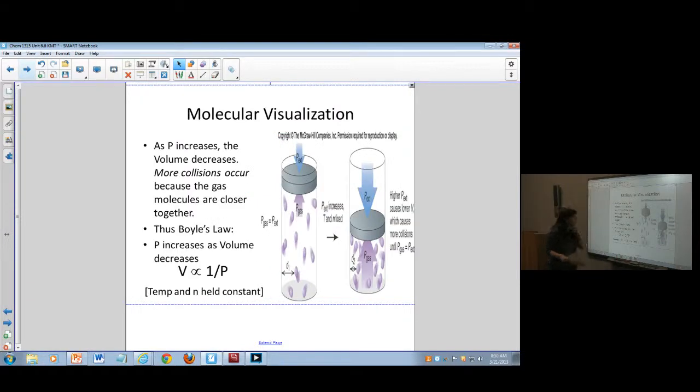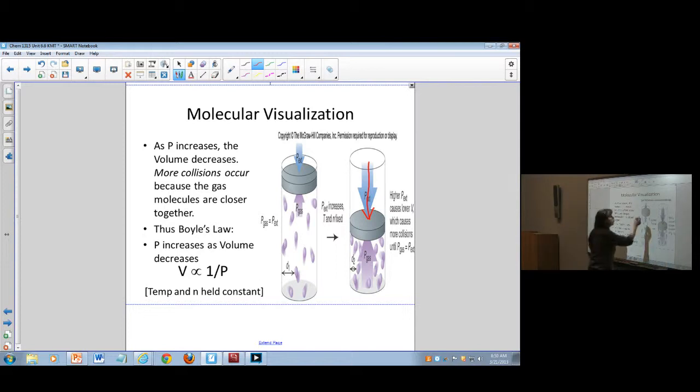So here is something about Boyle's law, okay? Now, in this case, we're going to increase the pressure. What happens when we increase the pressure? We push down with more pressure on the exterior, and the volume of the gas gets smaller.